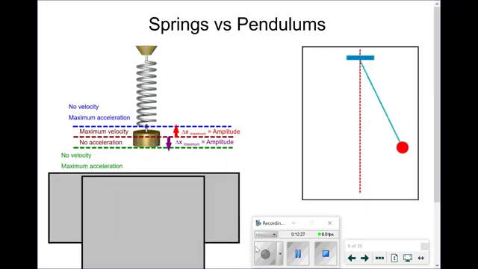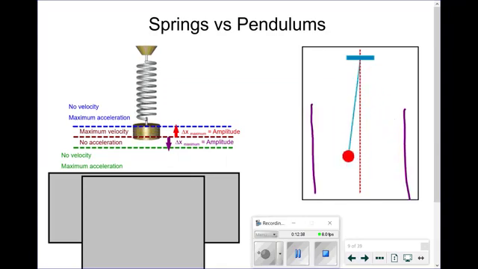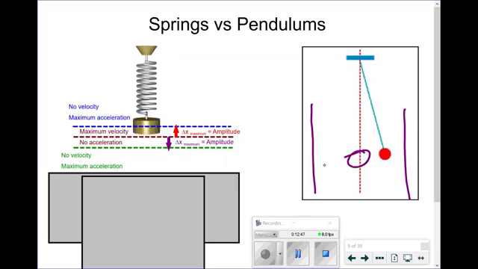If we observe the motion of a pendulum, we see very similar behaviors. The pendulum stops moving at the extremes of the motion, which we can see by these two lines that are drawn, and is moving fastest at the very bottom of the swing, which is in the middle.